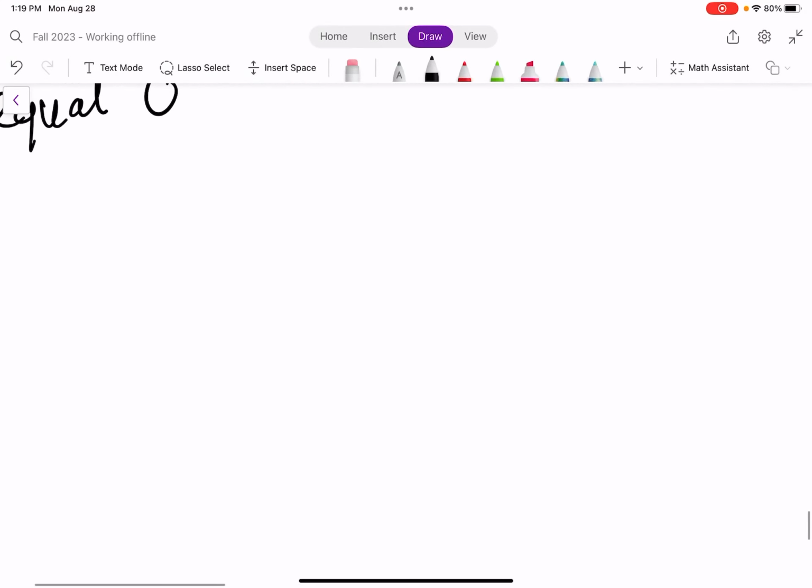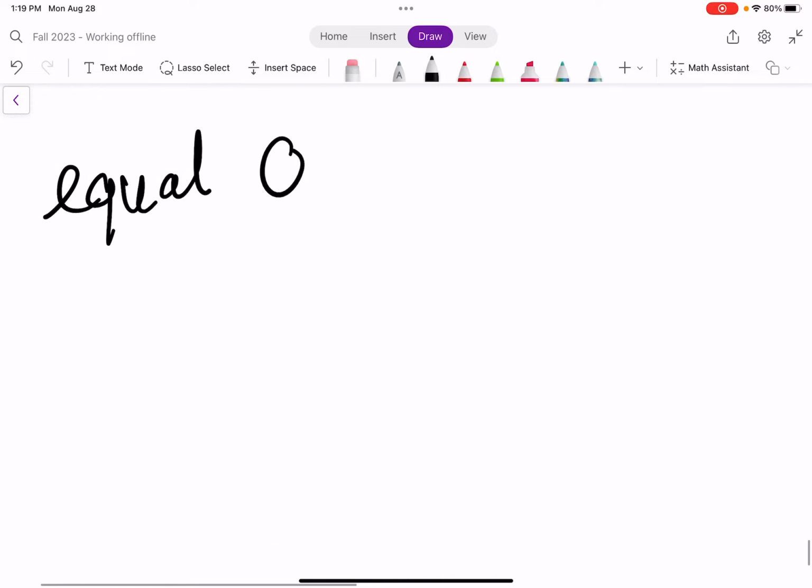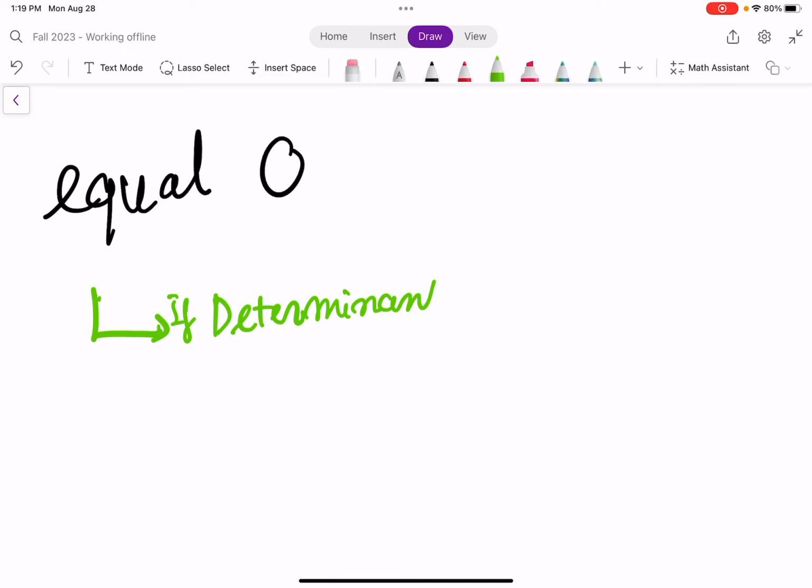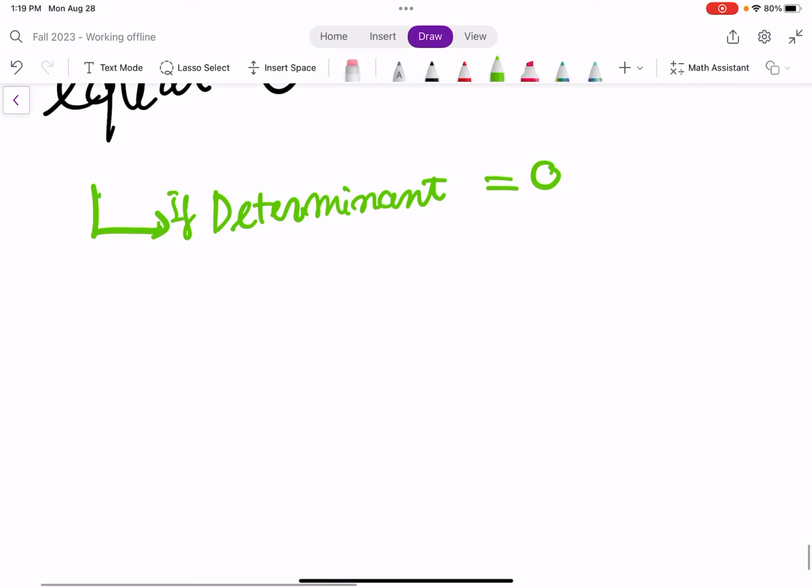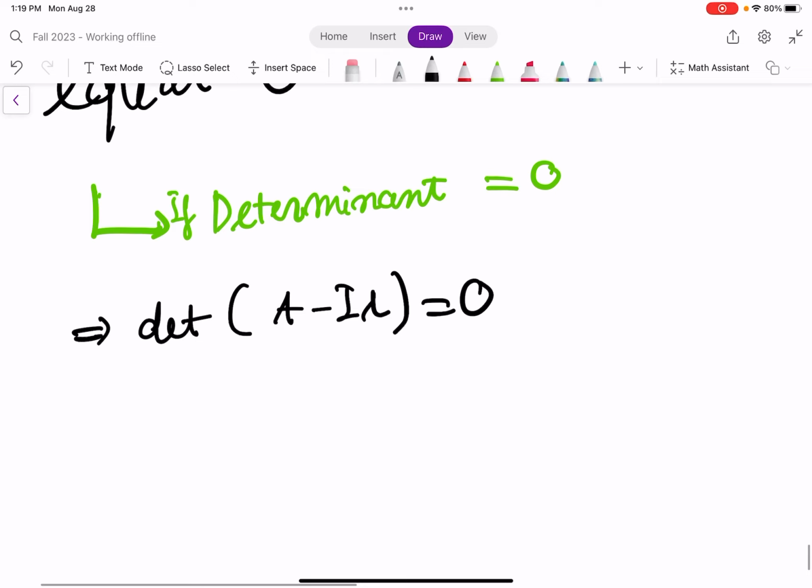So what you can say is, if the determinant equals 0, it means that the determinant of A minus I lambda equals 0. You can also watch the 3Blue1Brown video on determinants too. Let me see. Well, that's a very interesting color.